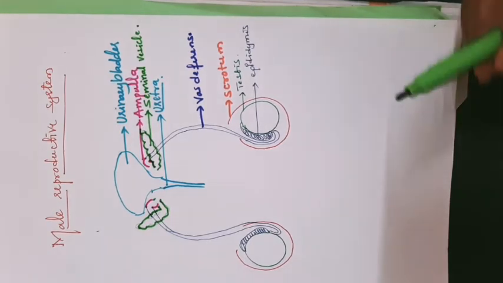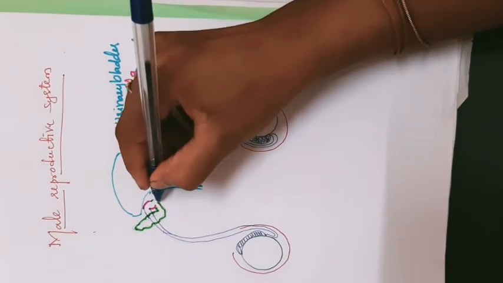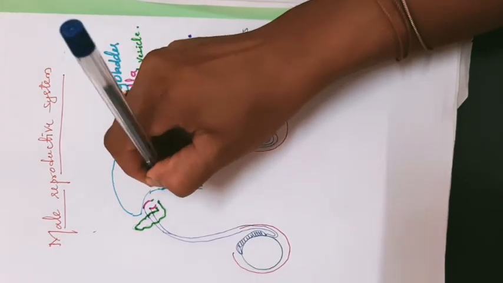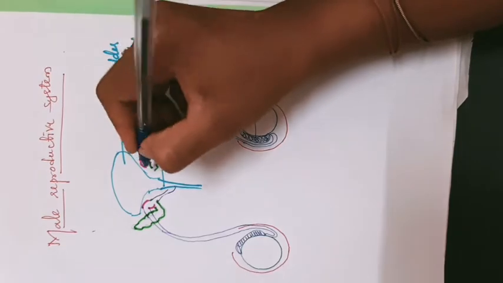When the seminal vesicle is attached with the vas deferens, the later part is renamed the ejaculatory duct. Do not get confused.